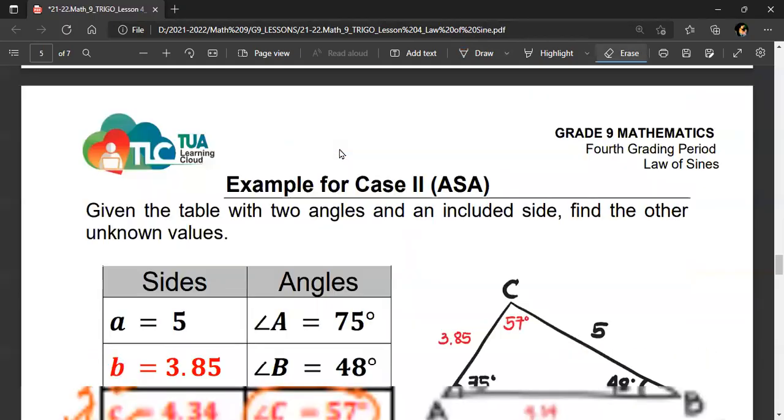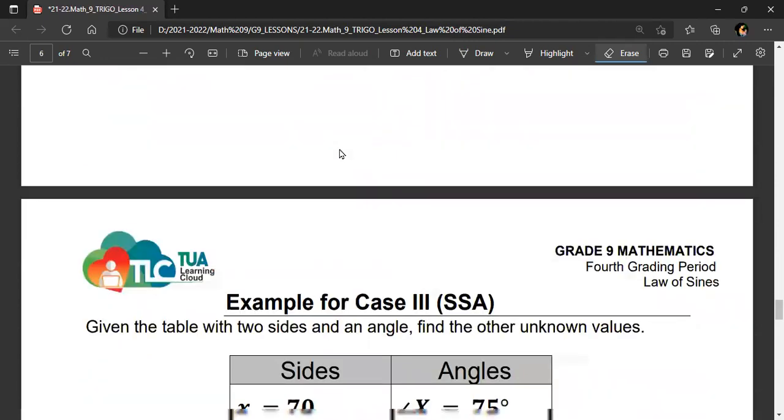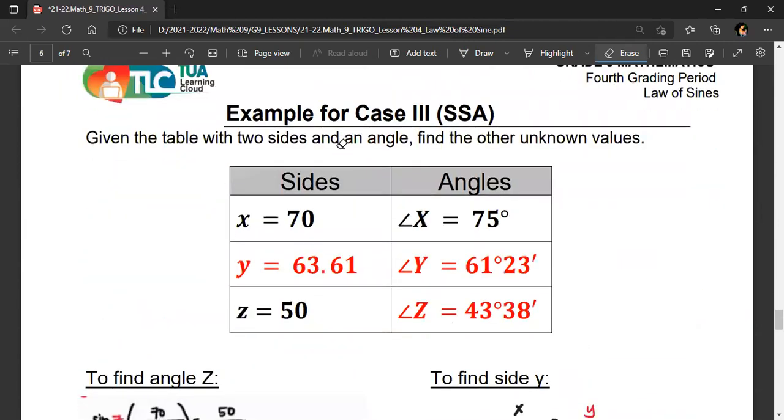Second, here, I included the tabular format for an easier finding of the missing sides and angles. And I also included the triangle. However, in this case number 3, I didn't include a triangle anymore. This time, you will not be visualizing a triangle of an oblique, but rather focus on each given.